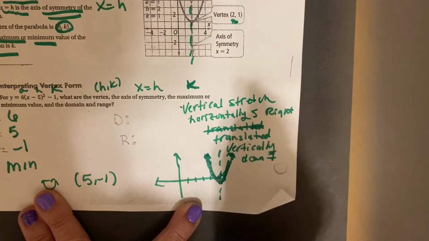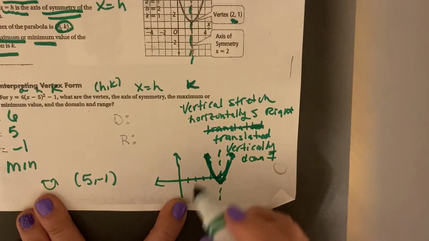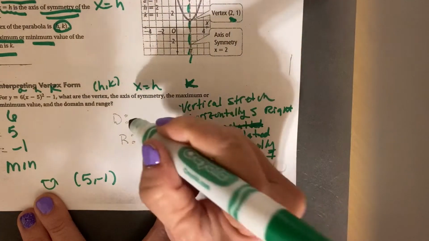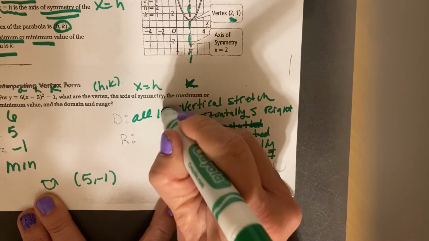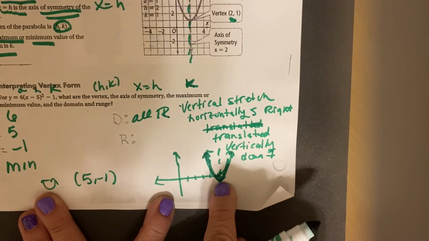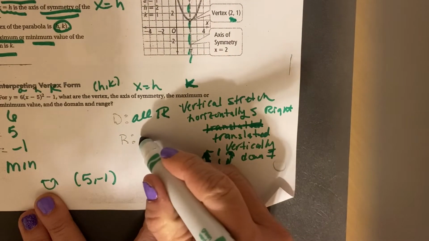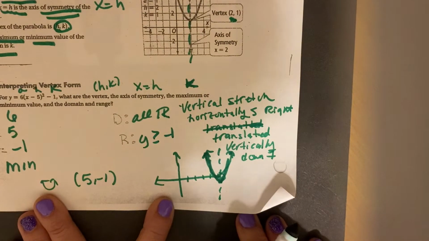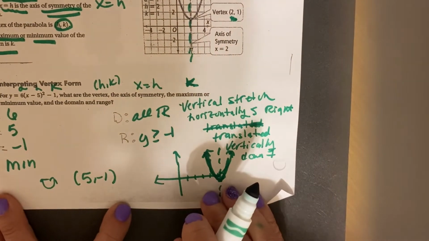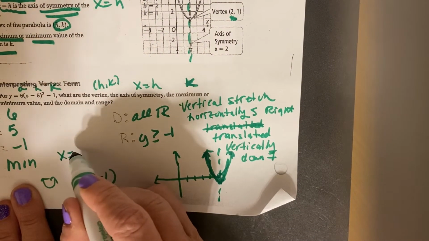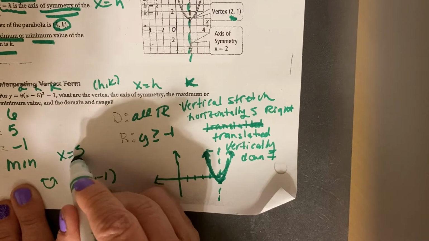This is what my vertex looks like. So my domain is going to be all real. And my range is going to be all the points that are greater than that, and so y is greater than or equal to −1. Our axis of symmetry we know is x = 5.